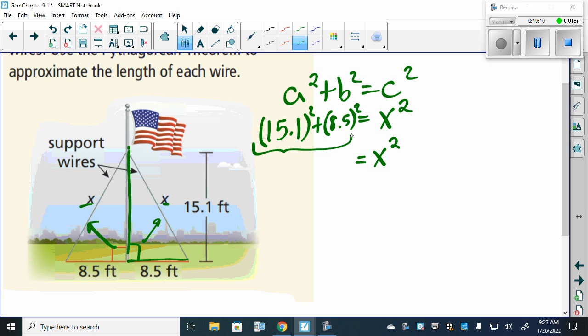And what would that tell us? 300.26. And what would we do next? Square root both sides, so x is equal to 17.32.